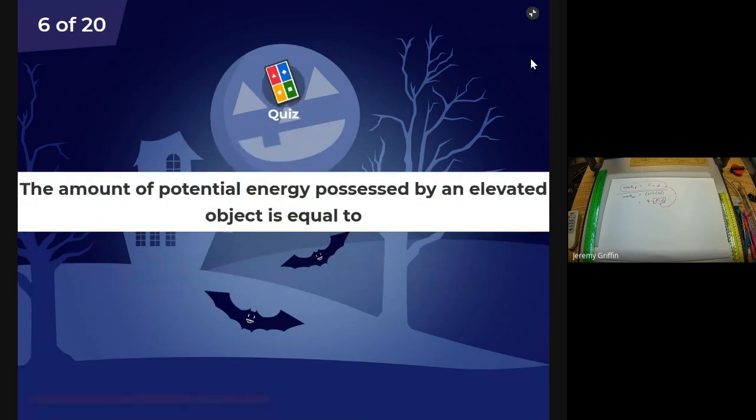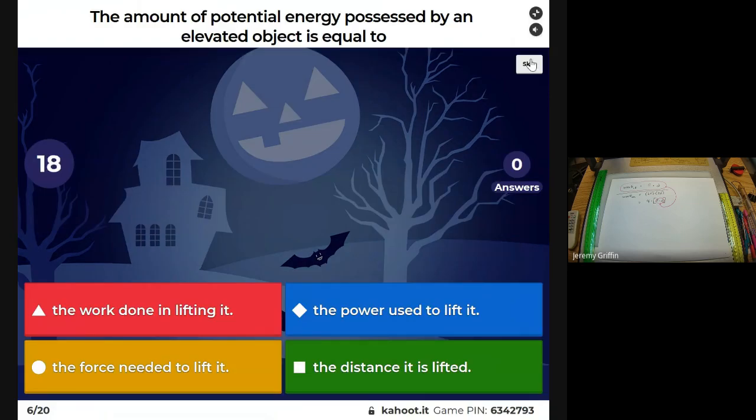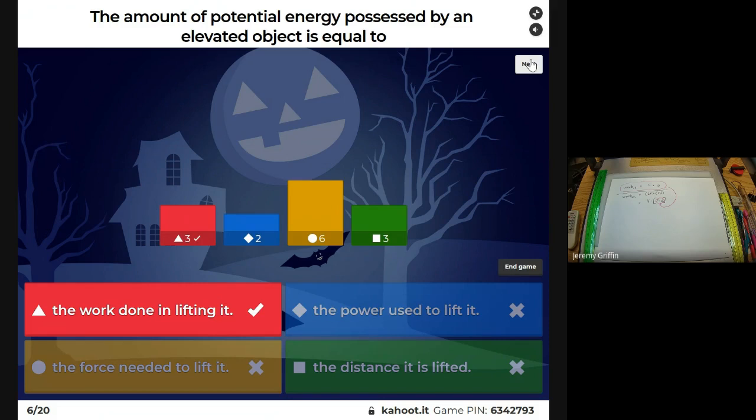The amount of potential energy possessed by an elevated object is equal to the work done lifting it.